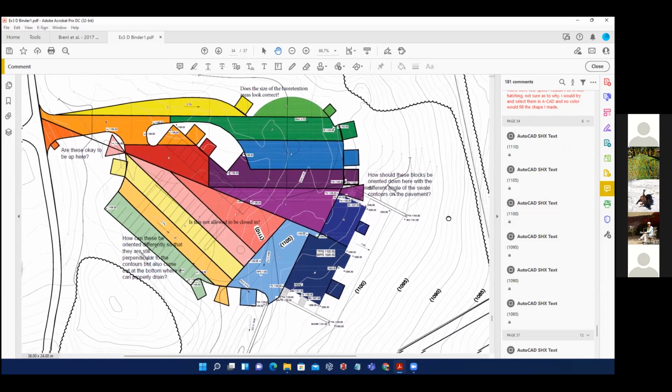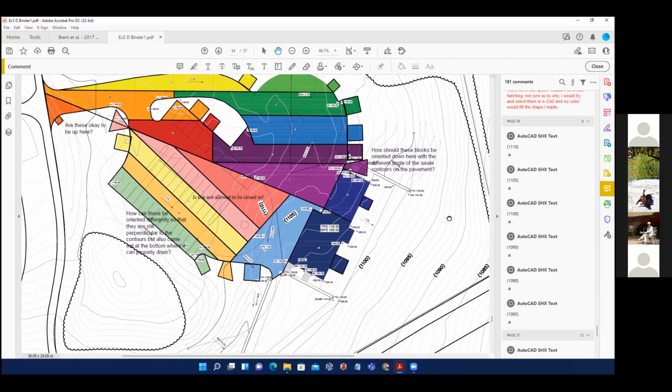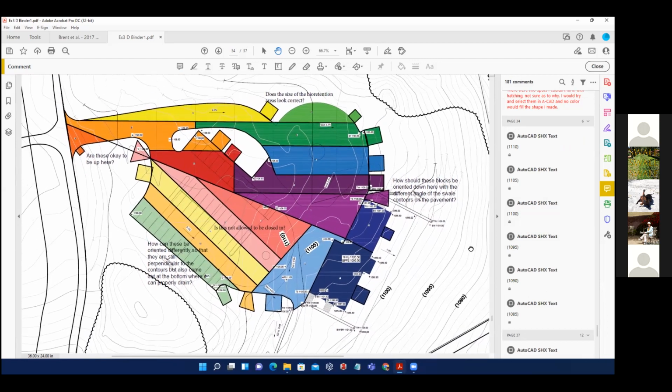I don't see the necessity to change and rotate everything there. So I would suggest the same things: adding green in and cutting off pavement out on the plaza. Okay, I'll move forward then.